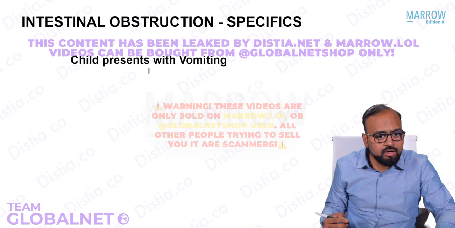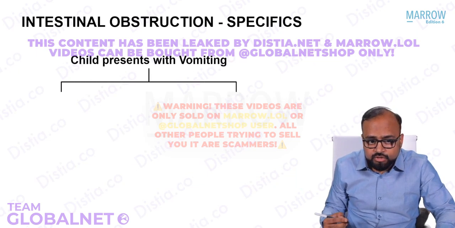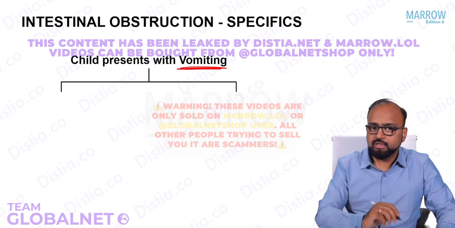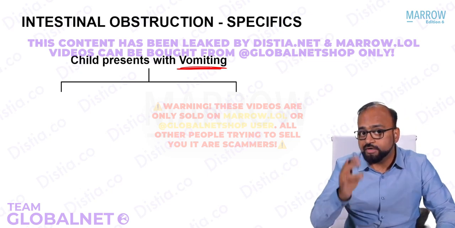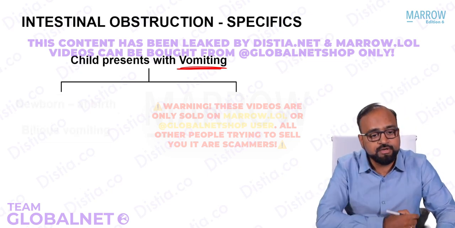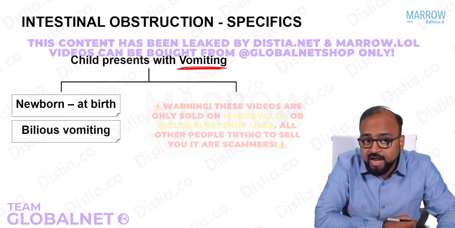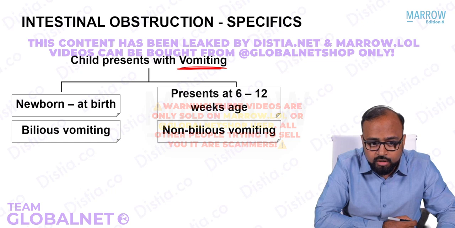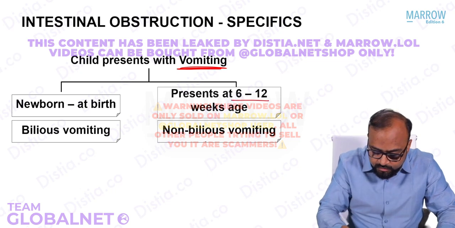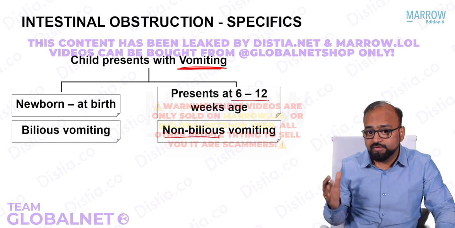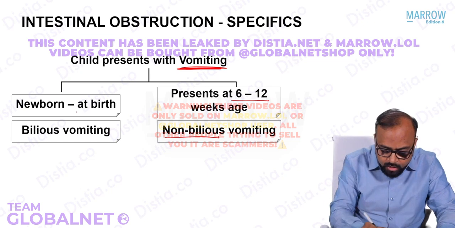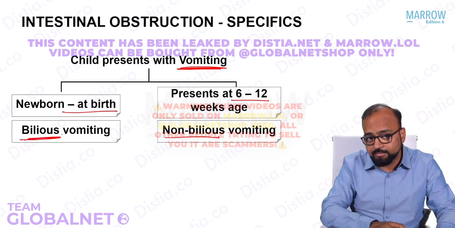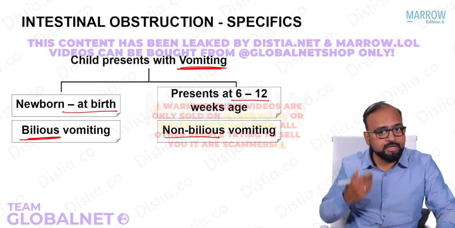Yes. Now, intestinal obstruction specifics, let us have a look. See, a child presents with vomiting. Now, depending on the age of the child and what kind of vomiting it is, the diagnosis will be different. If it is a newborn at birth who has bilious vomiting, or a child presenting at 6 to 12 weeks with non-bilious vomiting, the diagnosis will be different. A newborn at birth with bilious vomiting has a congenital atretic segment of the bowel distal to mid D2 part.